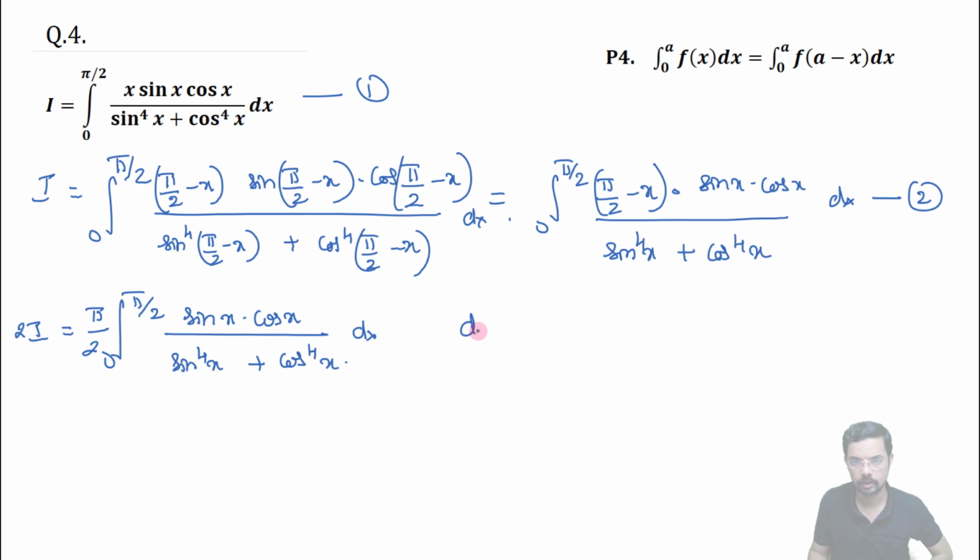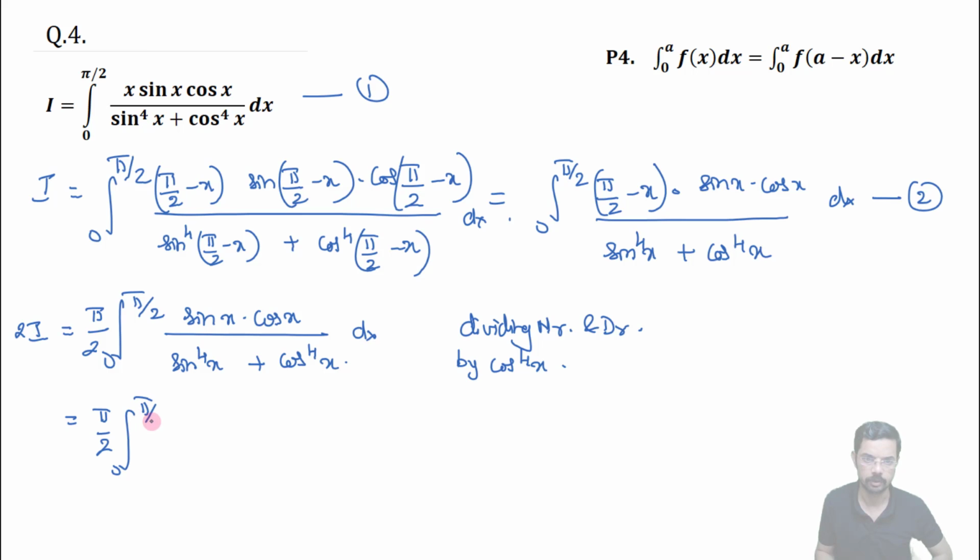So dividing numerator and denominator by cos raised to 4x, we get pi by 2 as it is, 0 to pi by 2.